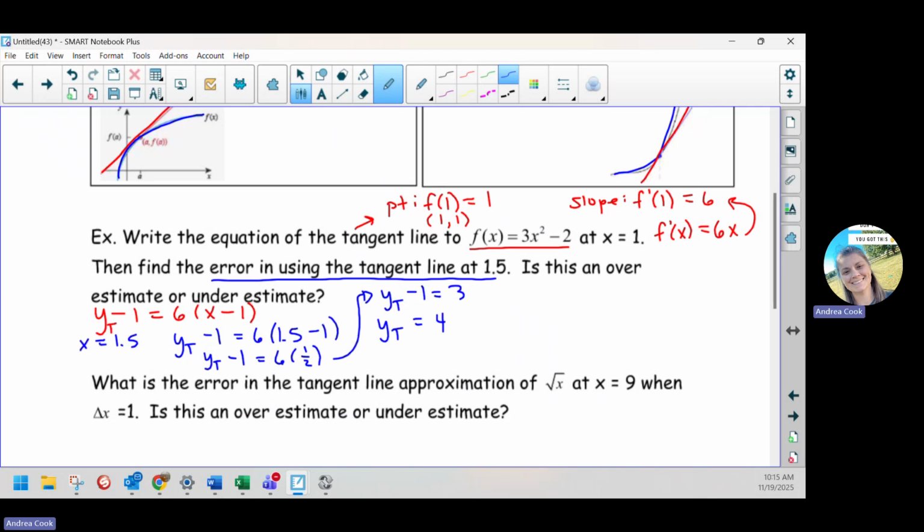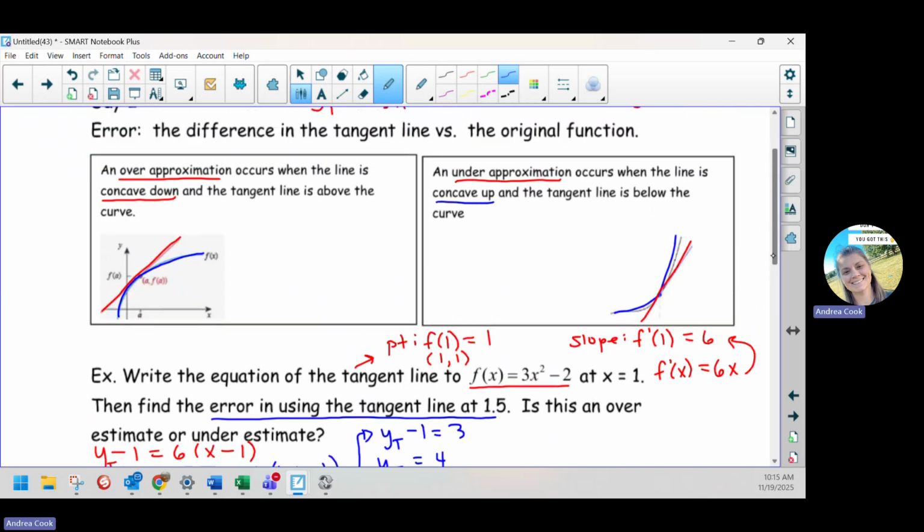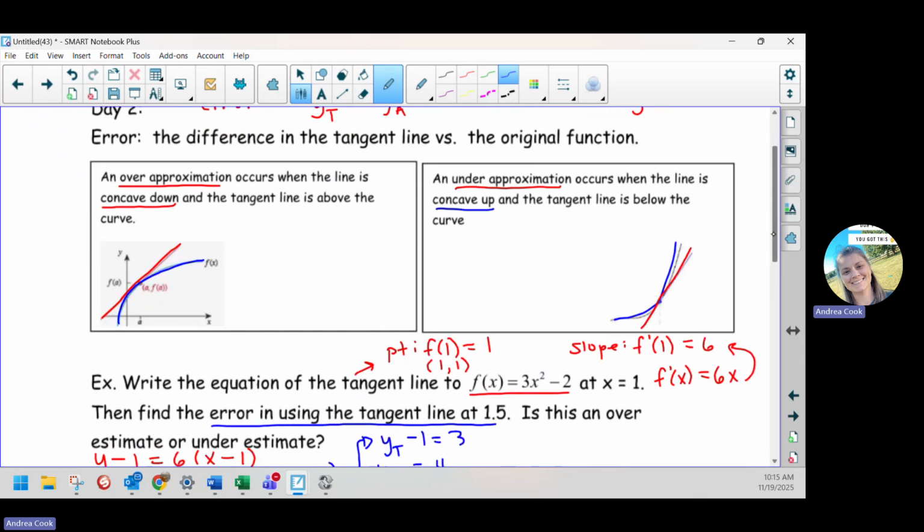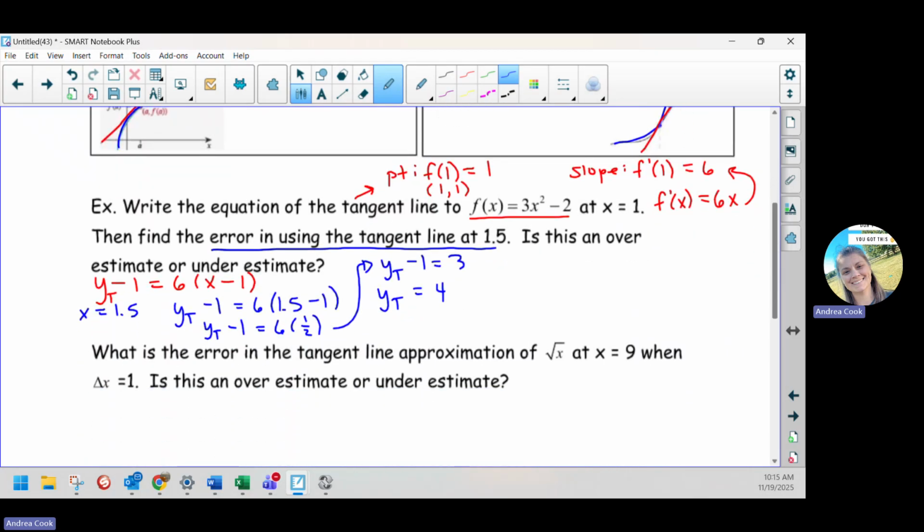Okay, so then remember to find error, if we come back up here, error is the y value on the tangent line minus the actual y value on the function. So that means I need to find f of 1.5. I'm going to label that as y actual.